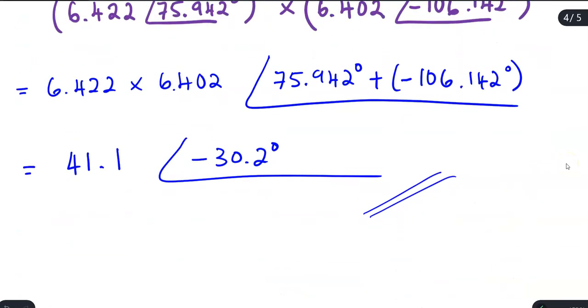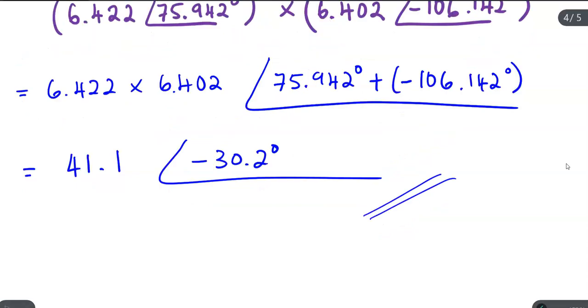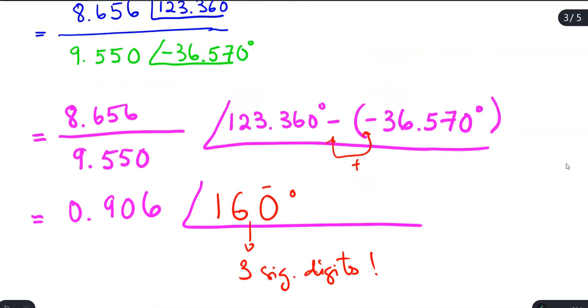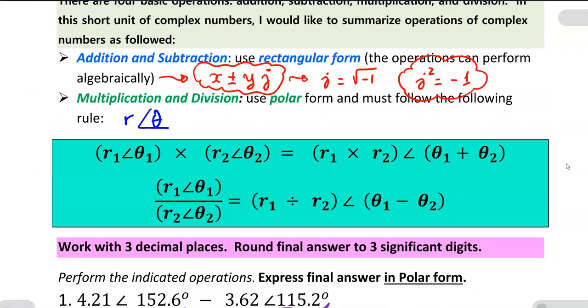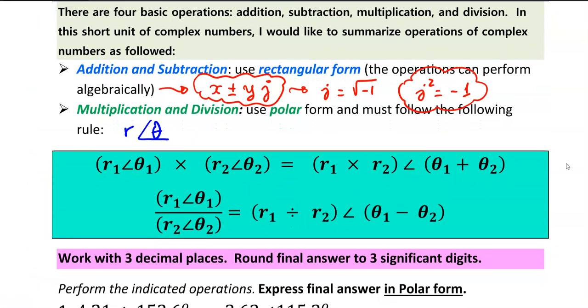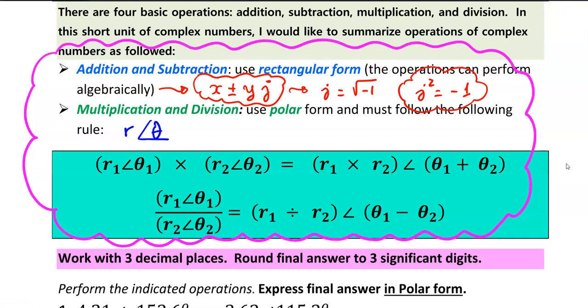And in order for me to calculate the total impedance, I simply apply this rule that I just showed everyone, the simplest way to perform the 4 basic operations of complex numbers. All right, thank you everyone.